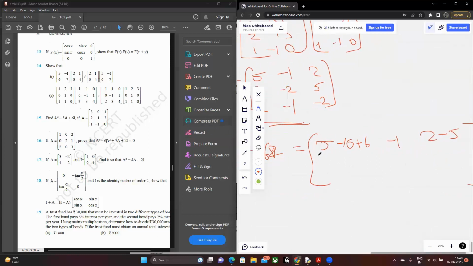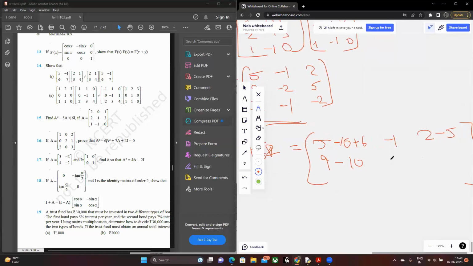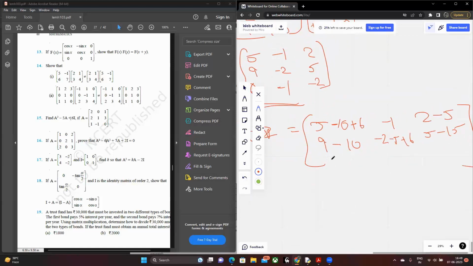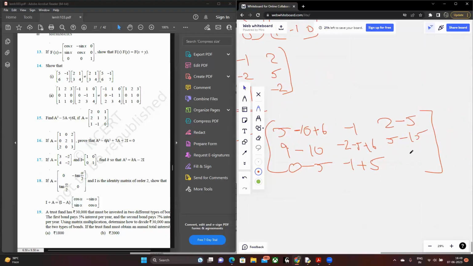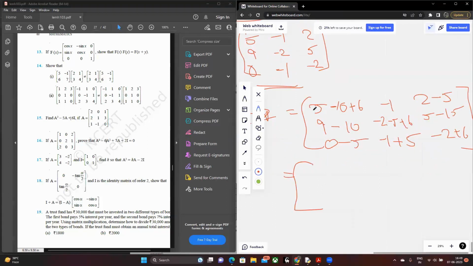Over here it is going to be 9 minus 10. This is going to be minus 2 minus 5 plus 6. Then over here it is going to be 5 minus 15. And finally, over here it is going to be 0 minus 5. It is going to be minus 1 plus 5. And here it is going to be minus 2 plus 6.